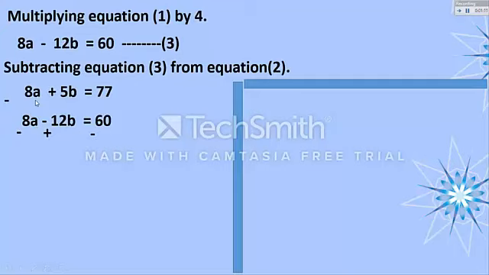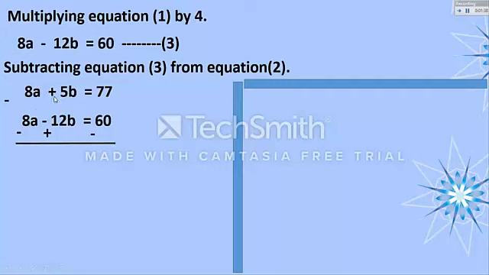For getting 8a, we multiply equation 1 by 4. 8a is the common term, and after subtracting, 8a minus 8a gets cancelled.